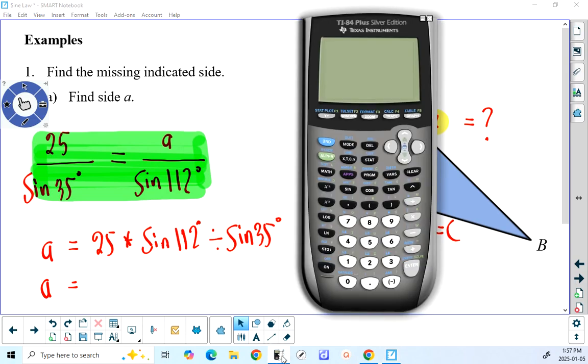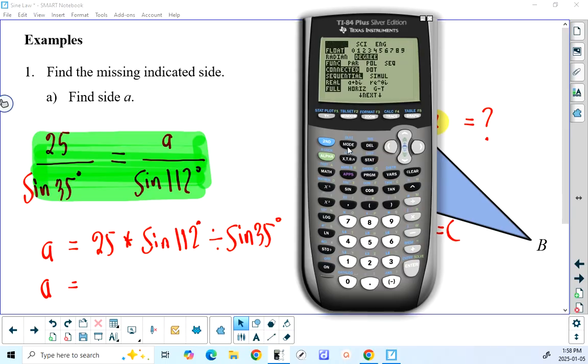Let me grab my calculator. What are we dealing with here? 25 multiplied by sine of 112. And then if you have a graphing calculator, you need to close the brackets on that 112 degrees, divided by sine of 35. I mentioned that you should check to make sure you're in degrees. Let me just double check with mine. I am in degrees.